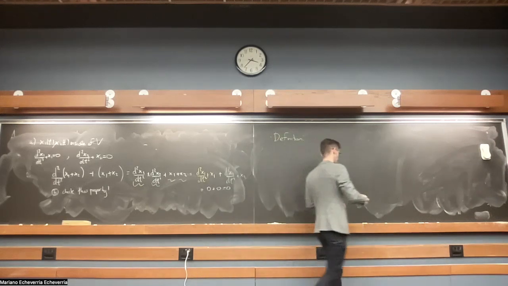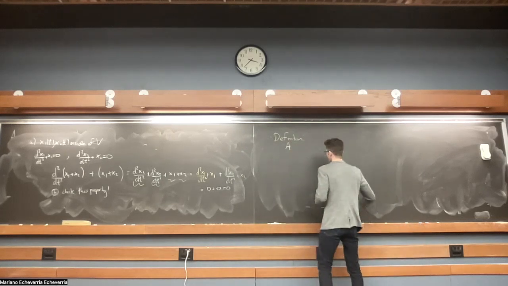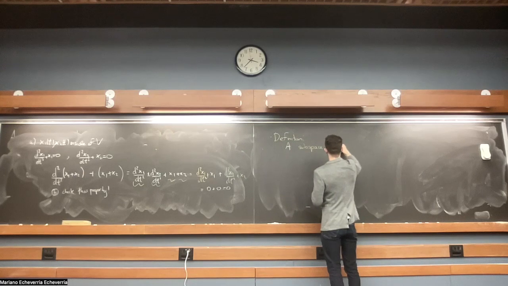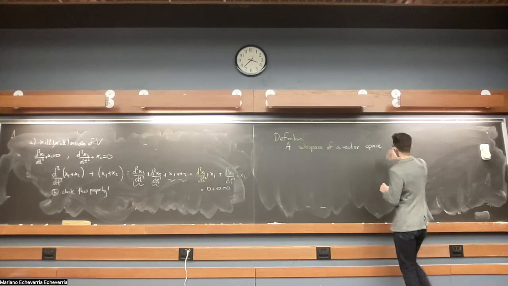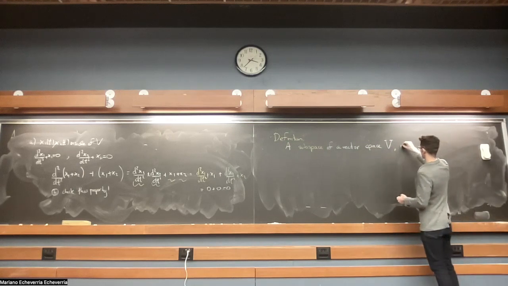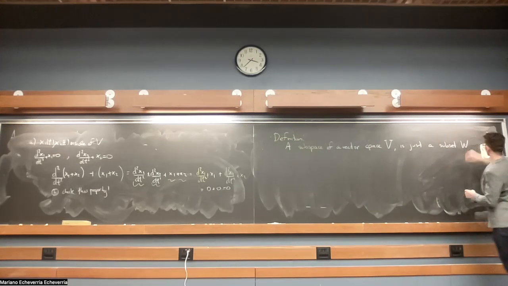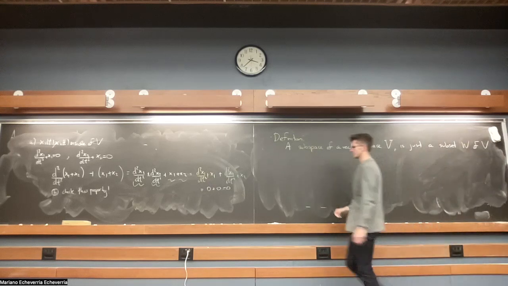A subspace of a vector space V is just a subset of V that happens to be a vector space in its own right.